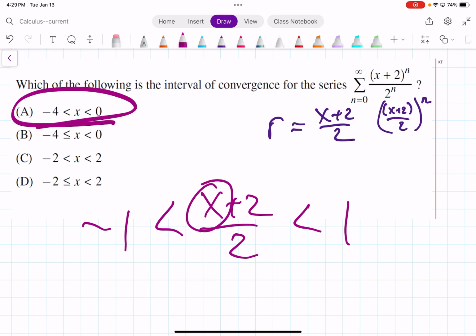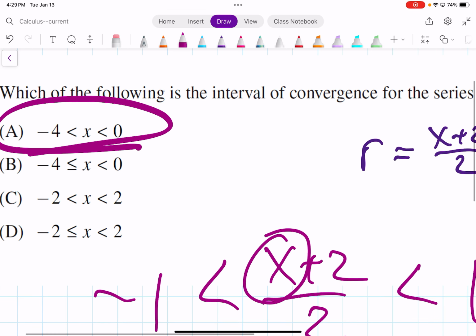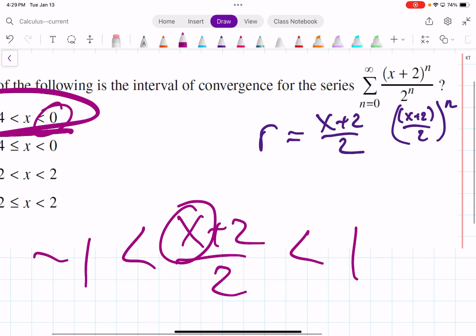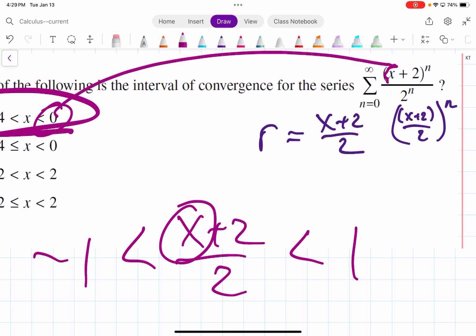Did you notice what he just described? If x is 0, and you go back to this original problem, do you notice that becomes 2 to the n over 2 to the n? What is 2 to the n over 2 to the n? 1. So what does this series become? 1 plus, what's the next number?